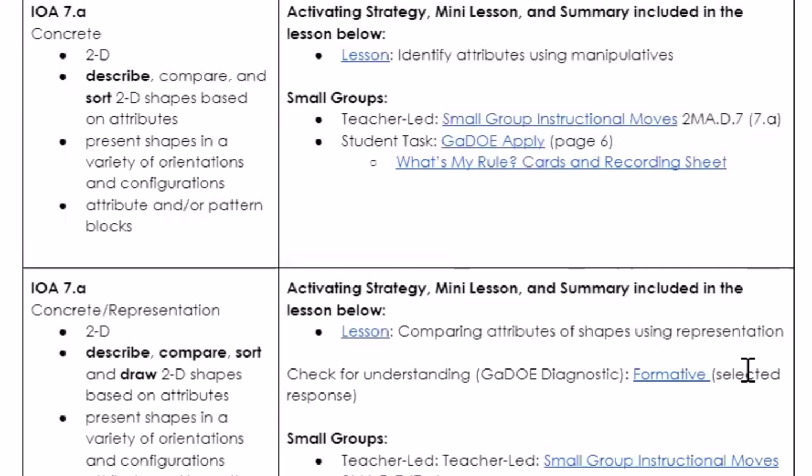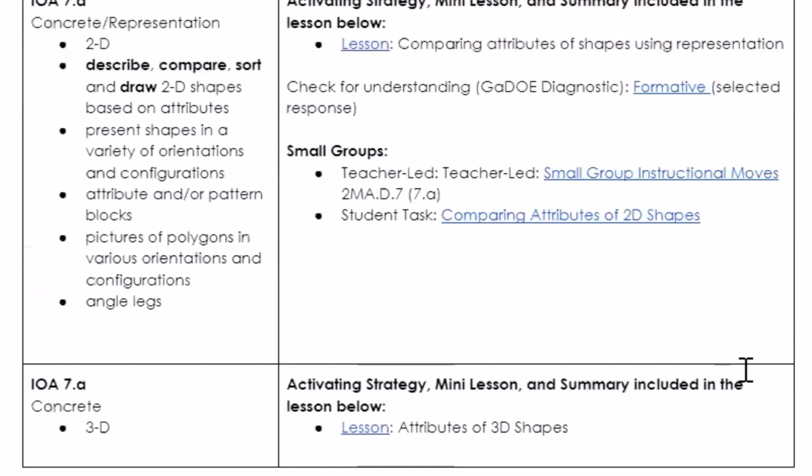These bullets will also assist you when you are creating lessons for the students in your classroom. Notice in particular that students should experience this IOA with examples that include real-world images.